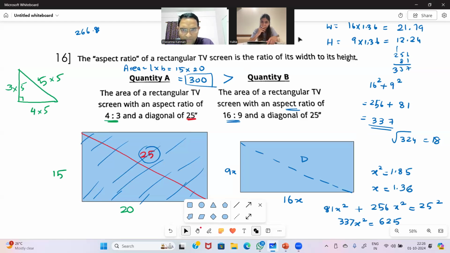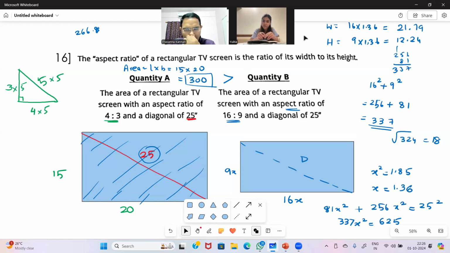The smarter one will be, there is one concept which says that of all the rectangles of a given diagonal, the one which is going to have the largest area is the square. You might have done this proof in your lower class.